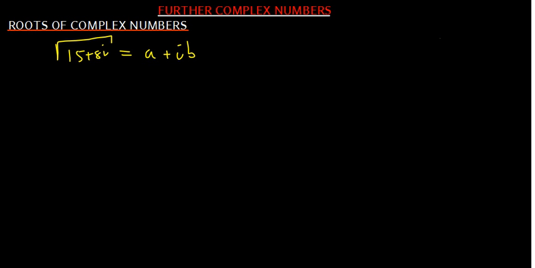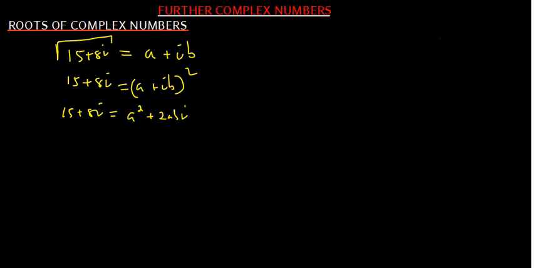Well, we can square on both sides, so that will give us 15 plus 8i being equal to (a plus ib) squared. So we've seen that the root has gone. If we expand, this will give us 15 plus 8i being equal to a to the power 2 plus 2abi, and then plus b squared i squared.